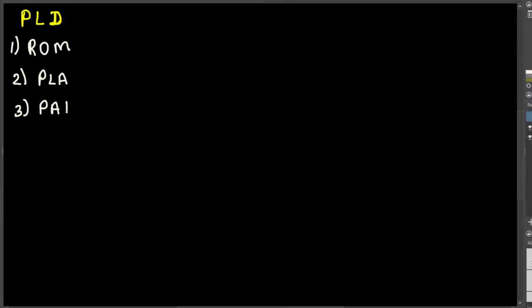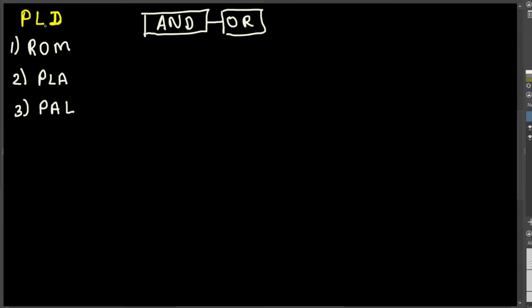That's programmable array logic. And PLDs are built based on AND gates and OR gates, so it will always be aligned like this.